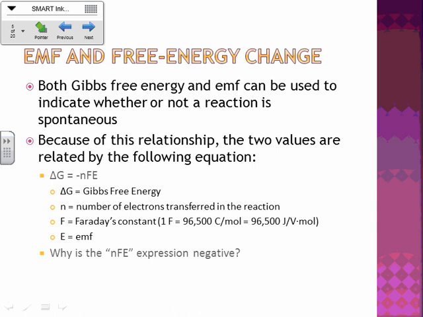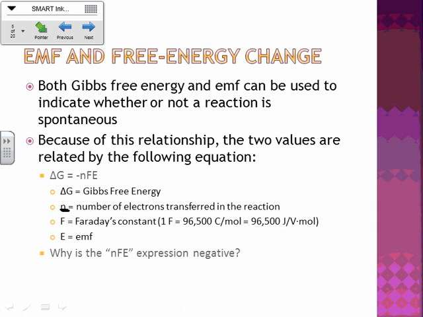Delta G is the Gibbs free energy. The N there is the number of electrons that get transferred in the reaction. Okay, we've had a couple practice problems already where we've had to figure out how many electrons are being transferred during the course of a reaction. So that comes in handy here, because now we can plug it into this equation. Okay, Faraday's constant is the F, and that's just 96,500 coulombs per mole.